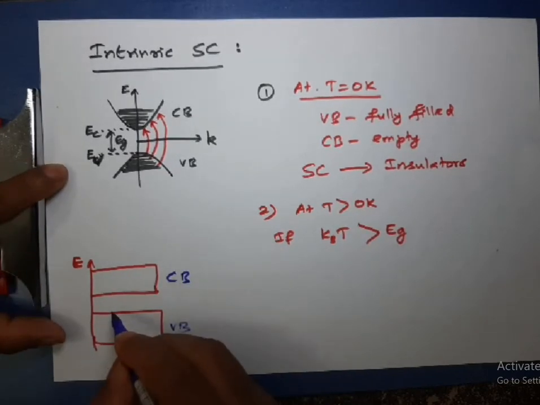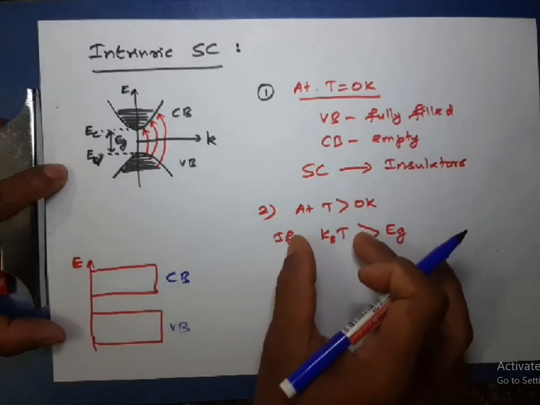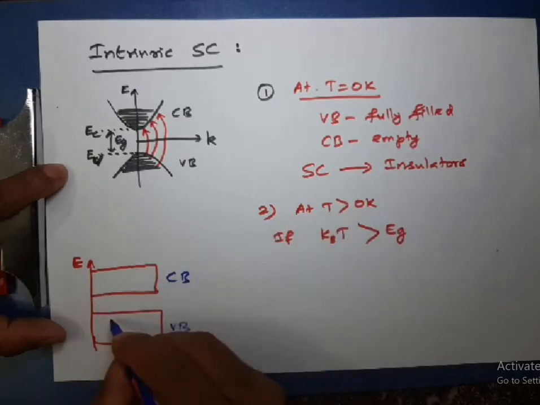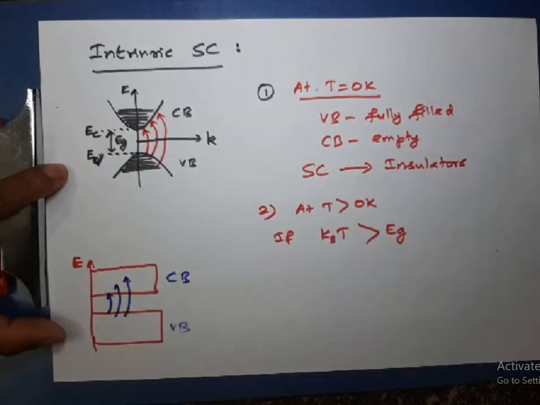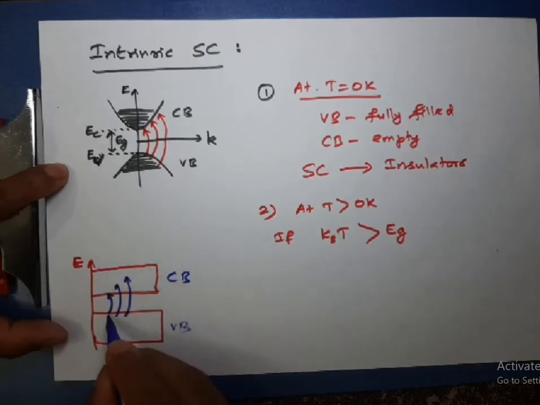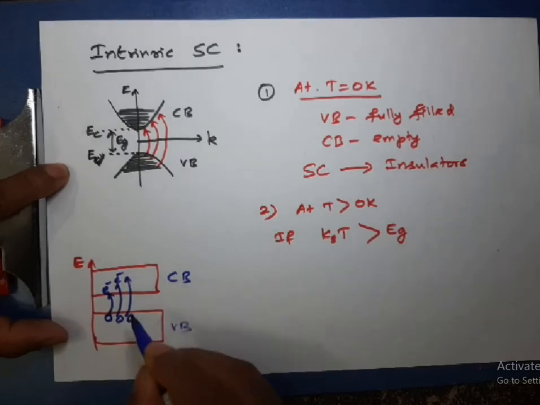Due to the thermal energy that is available, the electrons present in the valence band undergo transition from the valence band to the conduction band. When one electron makes a transition, it will create a hole in the valence band and you will get an electron in the conduction band.